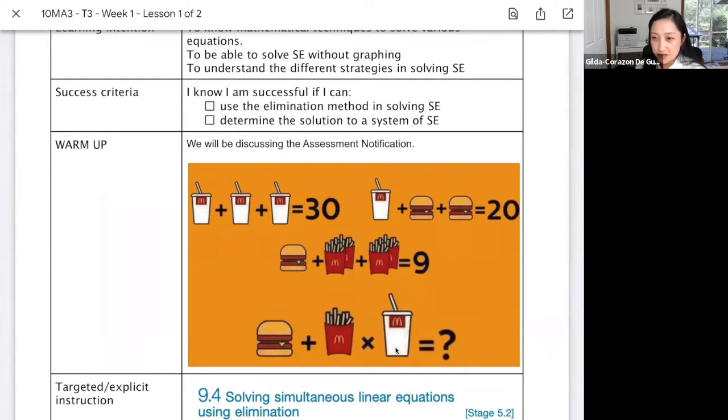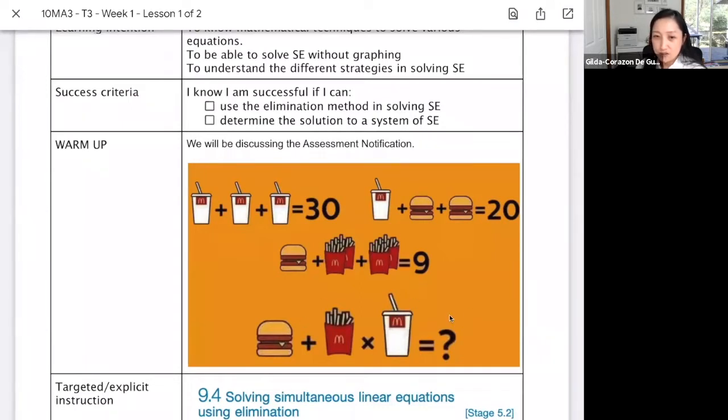So is it 70 or is it 25? A bit tricky this time. Yeah, it should be 25 because with BIDMAS, we remember to multiply first before we add, right? So then we've got 2 times 10, that's 20, plus 5, you get 25. If you add these two first and then multiply by that, then you'll get a different answer.